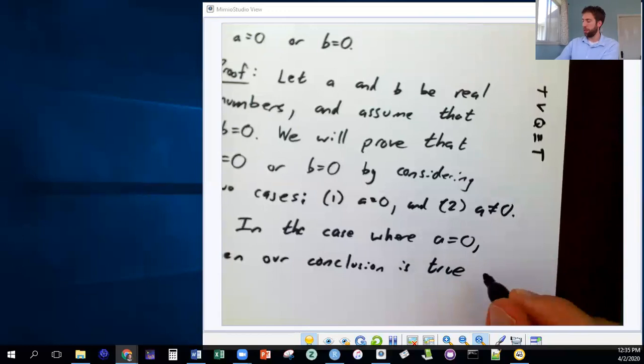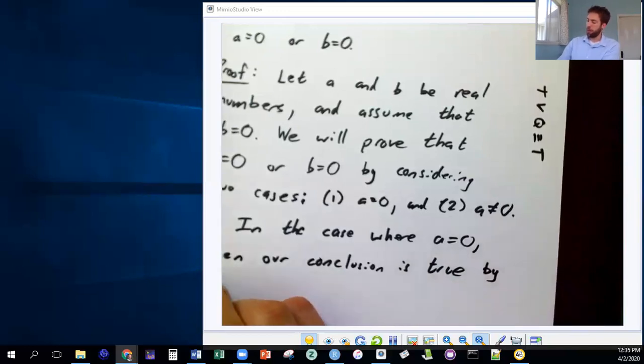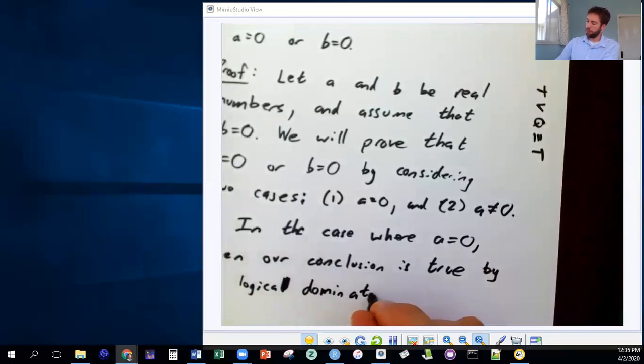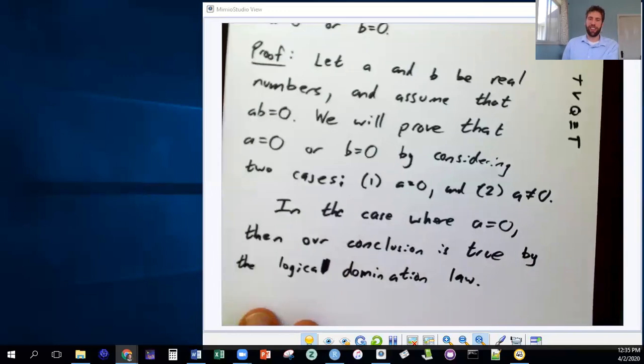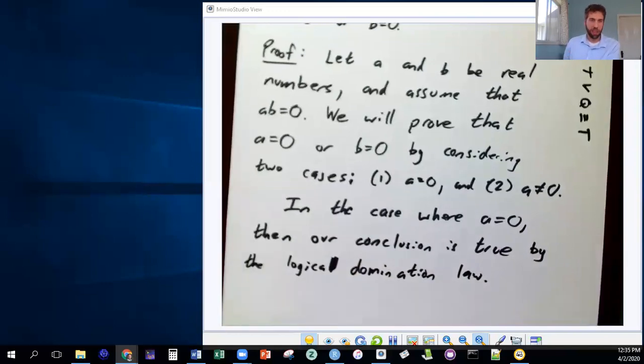So our conclusion is true by the logical domination law. If that was the easy one, I probably didn't even need to say that. In the case where A equals 0, our conclusion is true. I probably could have just said that.